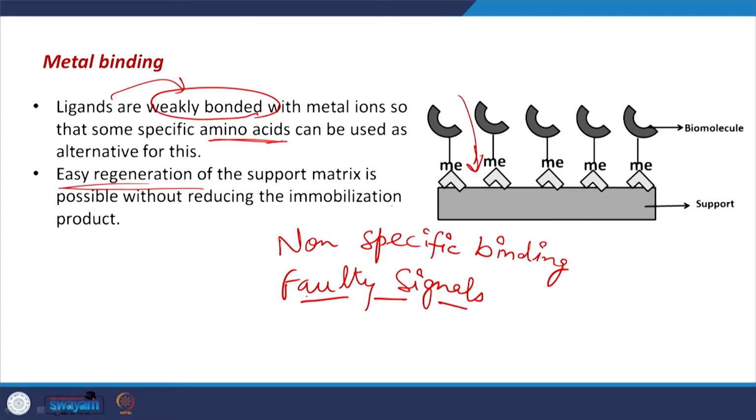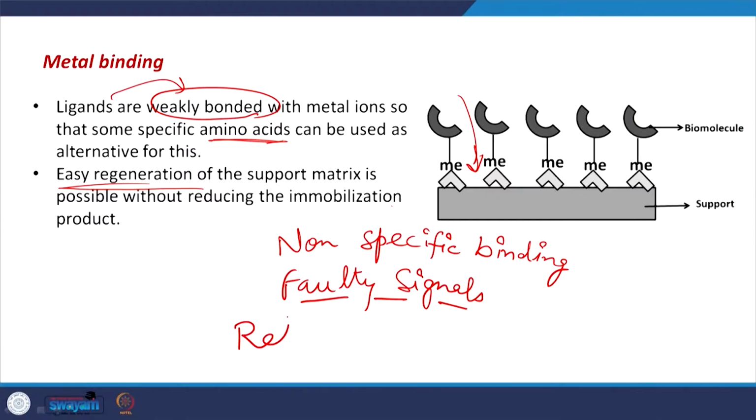So, one has to be very careful. This metal binding is not very appreciable for making real sensors, because it does not have a very good response. Why? Because it is loosely bound. So, the regeneration, I mean repeatability, is a problem.